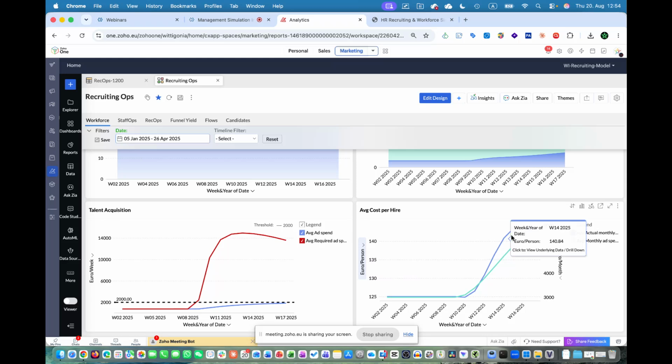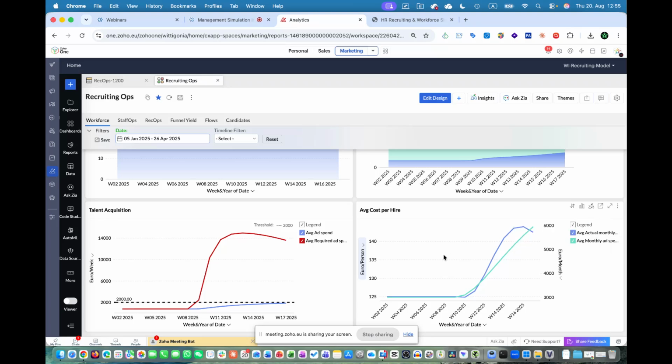Now, this is quite an interesting movement, and we shall see that maybe in another part of the presentation, how that's changing over time. If you suddenly see cost per hire is shooting up, typically the response to that dynamic in a management discussion is, well, wait a second, why are we spending so much per hire? Let's reduce the budget. Now, what happens if we reduce the budget?